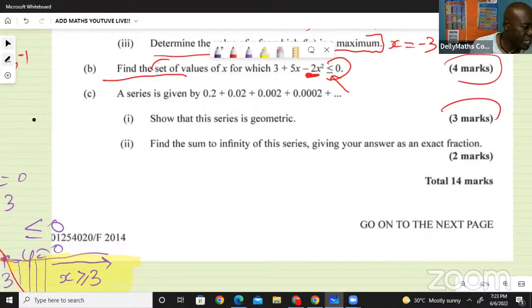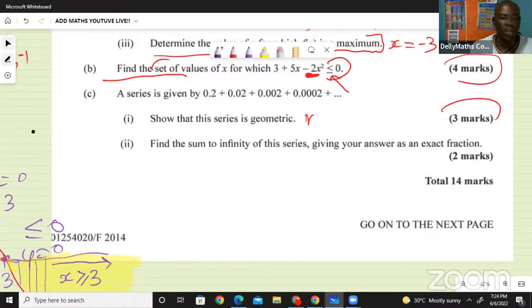Now, it simply means we would have to have some idea about a geometric series. Like, what do we know? Firstly, we know that a geometric series has what we call a common ratio. We call it R. So consecutive terms are produced by multiplying the previous term by R. We want to establish that.